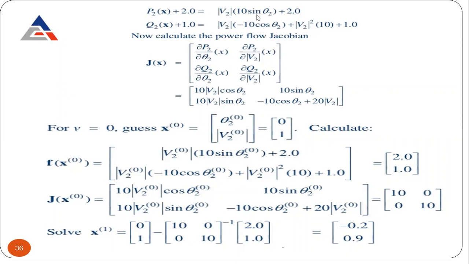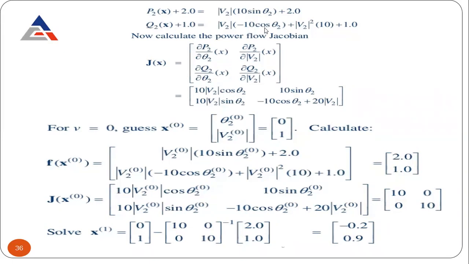We know the differentiation of sine is cos of theta 2, so here it comes out to be 10 V2 cos of theta 2. And for this, 10 sine of theta 2 when we differentiate with respect to V2, only this part remains: 10 sine of theta 2. Now differentiate this with respect to theta 2 first.